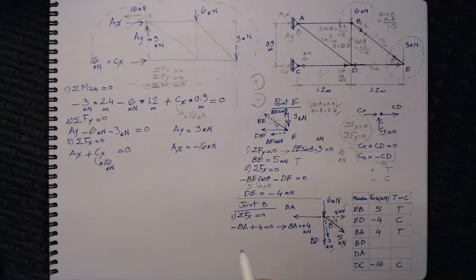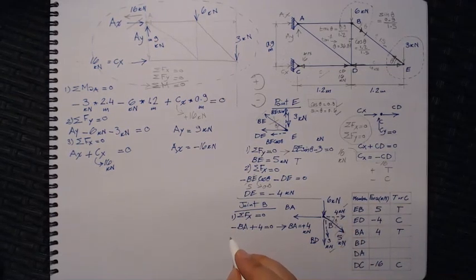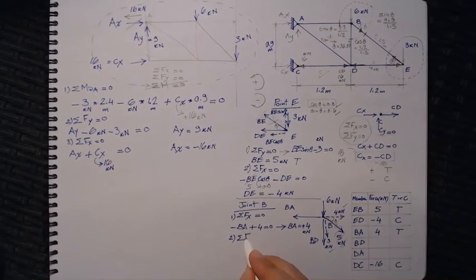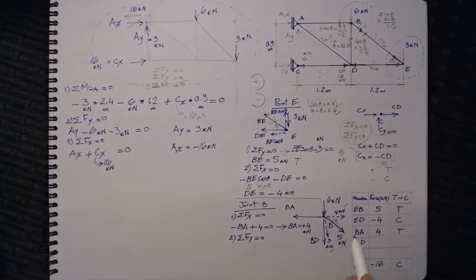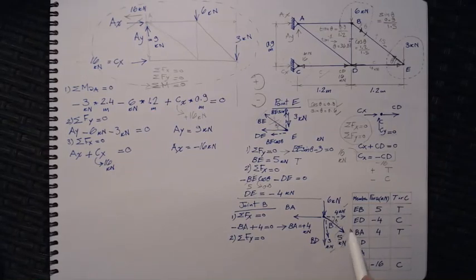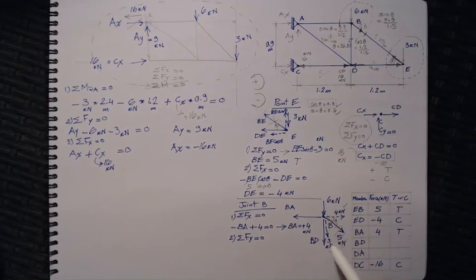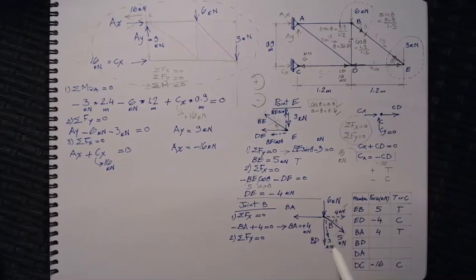This is great news. So in this joint, we have another equation, equation 2, which is the summation of forces in y has to equal 0. This is interesting because now we have 3 forces. They are all going in the same direction.